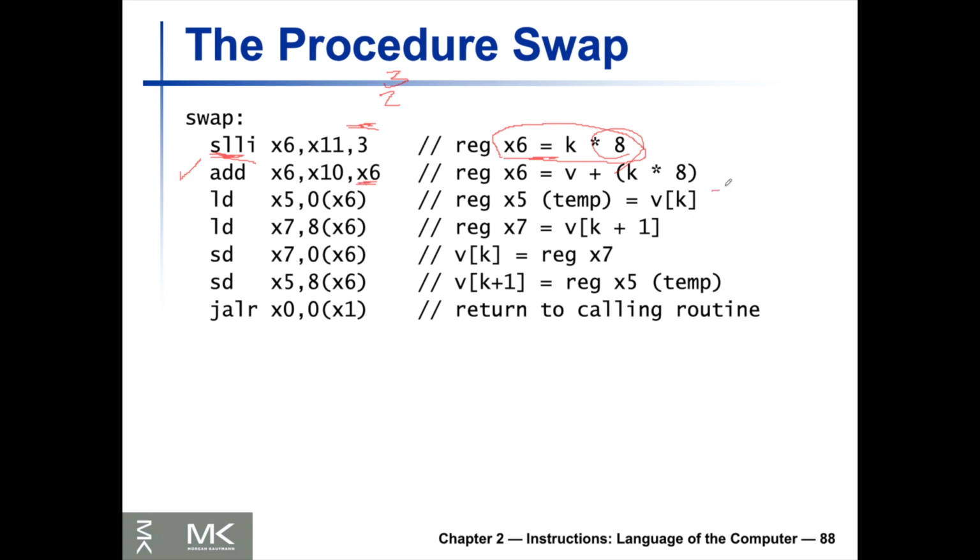So these two. And then at the end, we're going to store the values. After the routine finishes, we're going to come back to where we were at first. Okay? Was that clear?